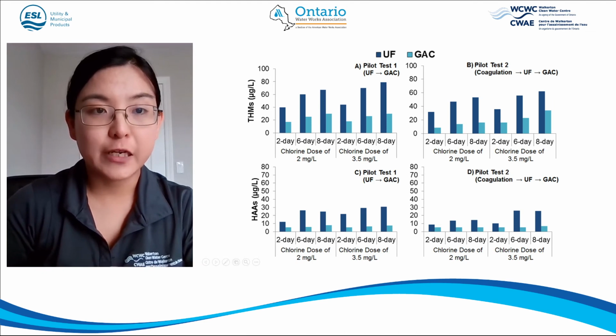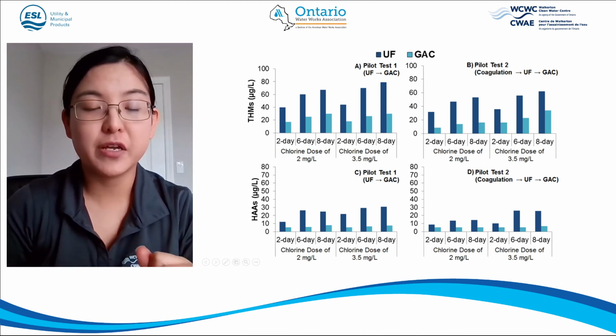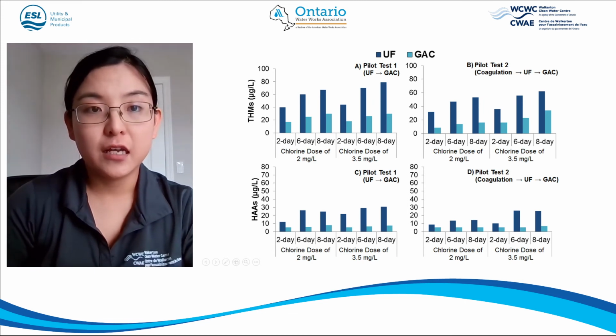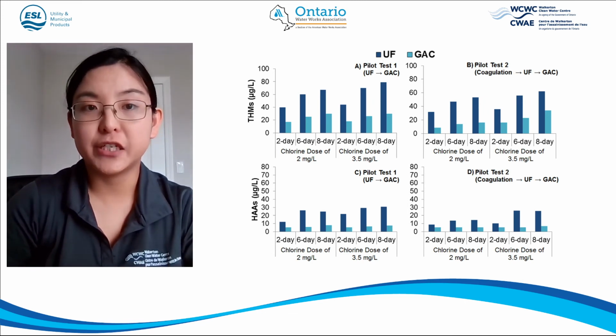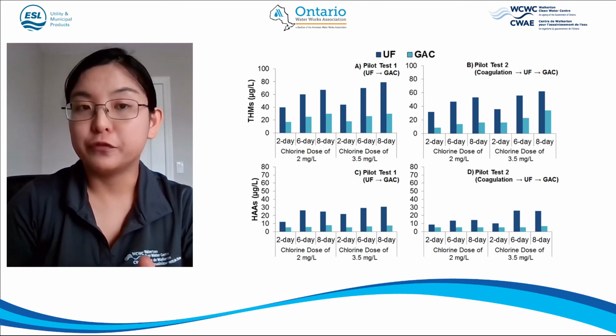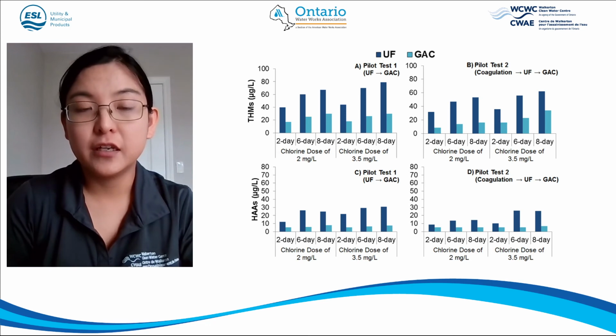If we compare the THM and HAA results from the 2 trains, GAC definitely reduced a lot of THMs and HAAs from the ultrafilter effluent.